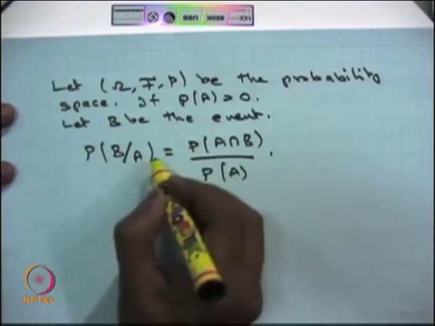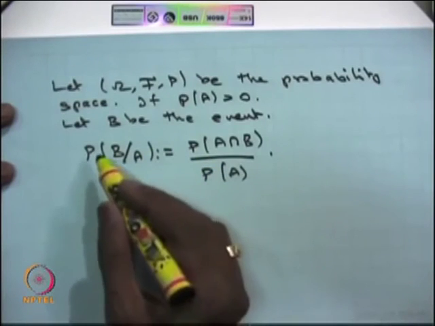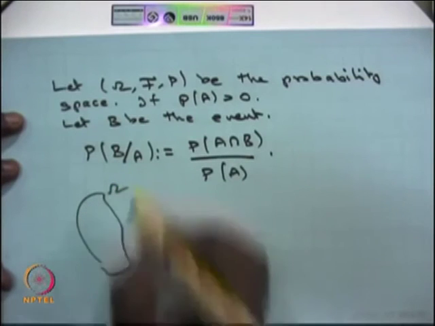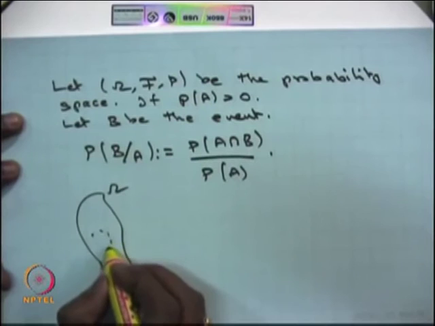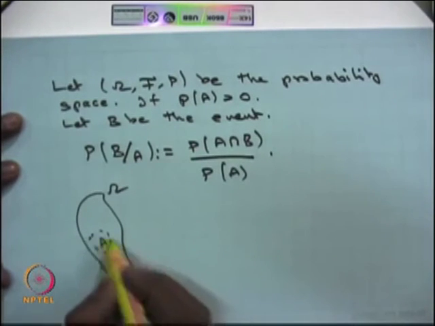This is by the definition, and it can be visualized from the reduced sample space also. You have a sample space Omega, and from Omega you take an event A. Suppose this is the event A, and what we are saying is the event A has already occurred.